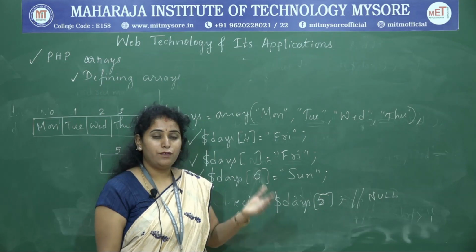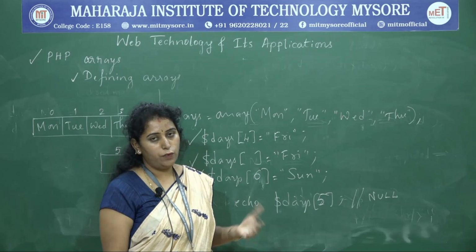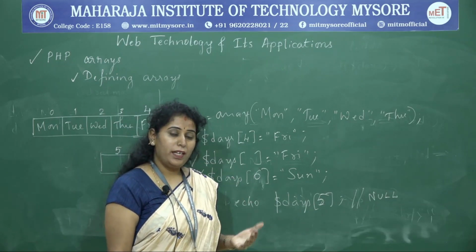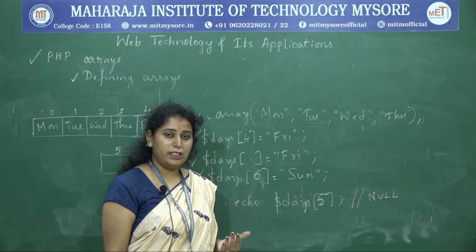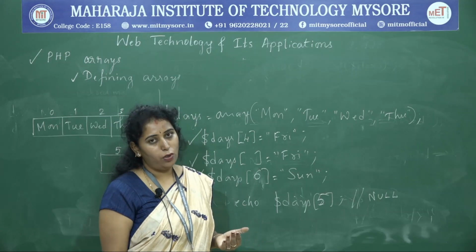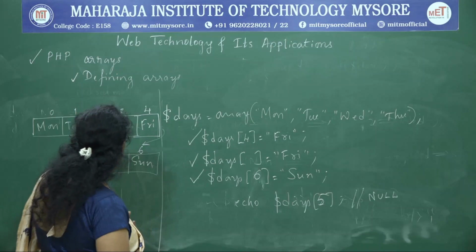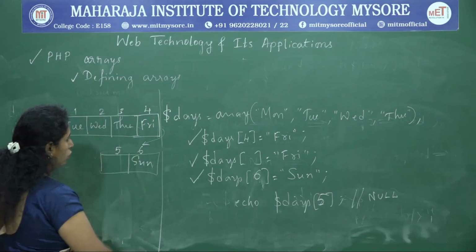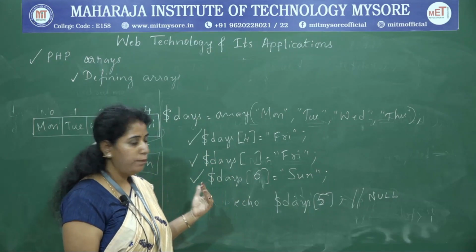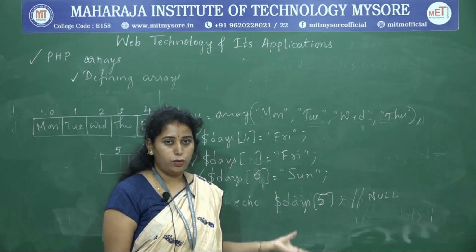PHP arrays work in a similar fashion to other languages' arrays, and also combine the features of vectors, hash tables, dictionaries and so on. So this is an example where you are inserting an element into an array, creating a gap, and it is still working well.